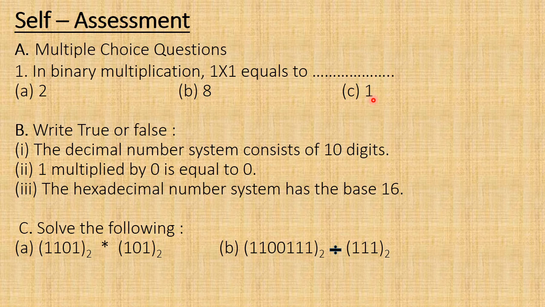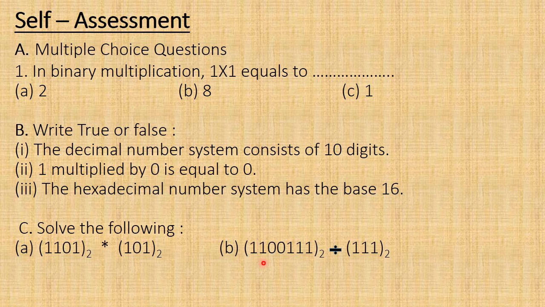First, multiple choice questions. In binary multiplication, 1 into 1 equals to: the options are 2, 8 and 1. Please note down these questions, everyone. Next question, write true or false.